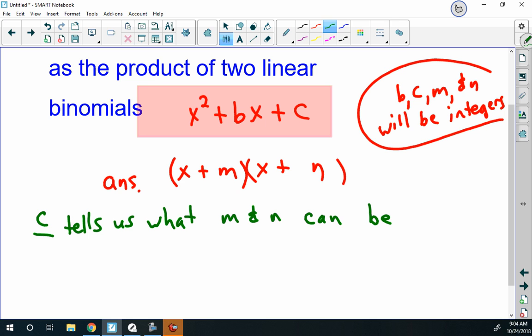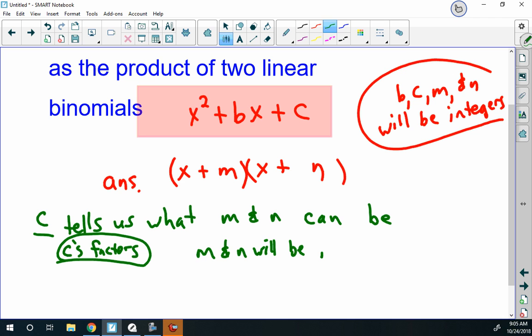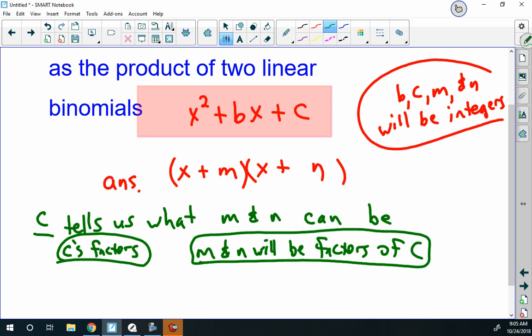More specifically, C's factors. What I'm trying to say here is that M and N will be factors of C.